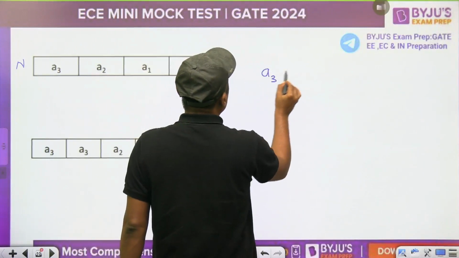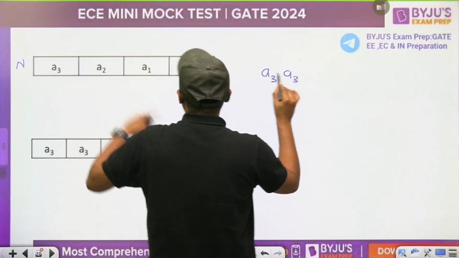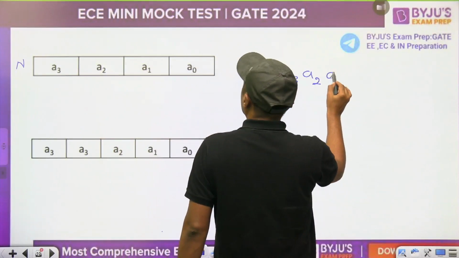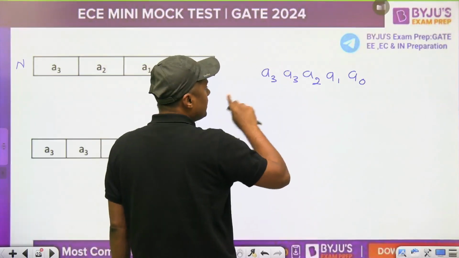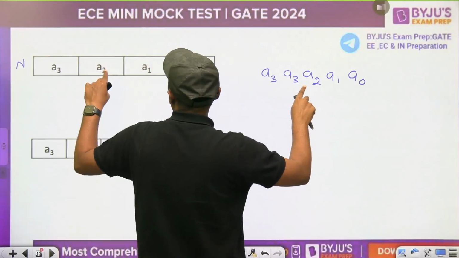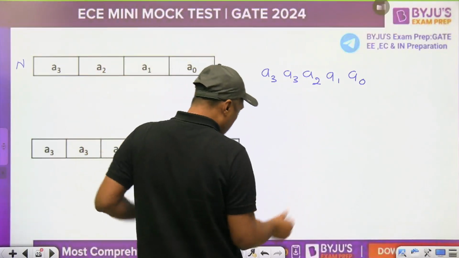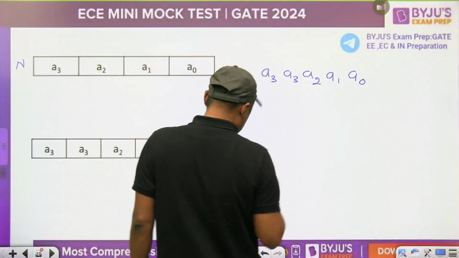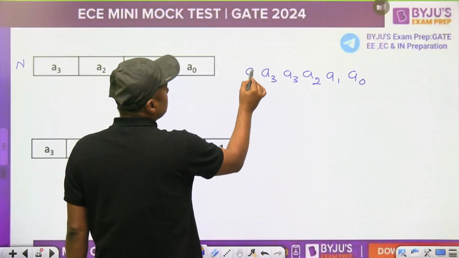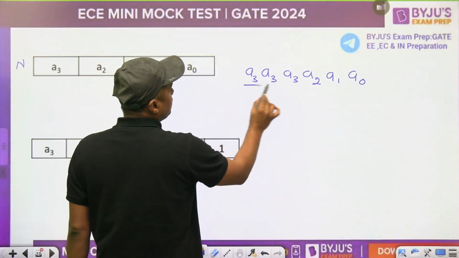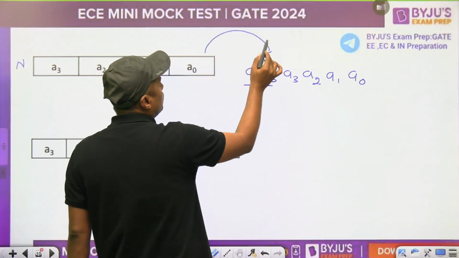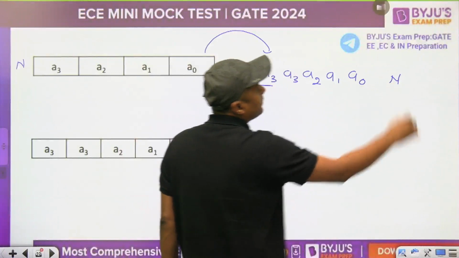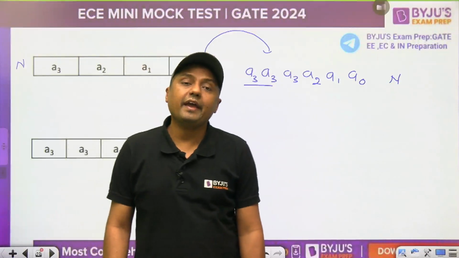So it will become A3, A3, A3, A2, A1, A0. Because you want to make it a 6-digit number, this is the same MSB repeated 2 times, then A3, A2, A1, A0. The 4-bit number is converted into 6-bit, and it will remain the same n.